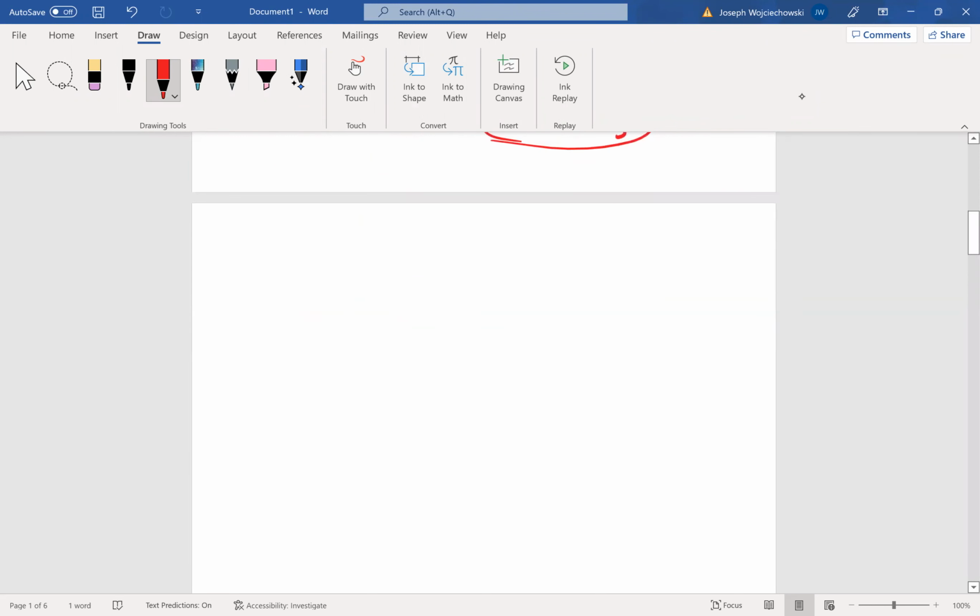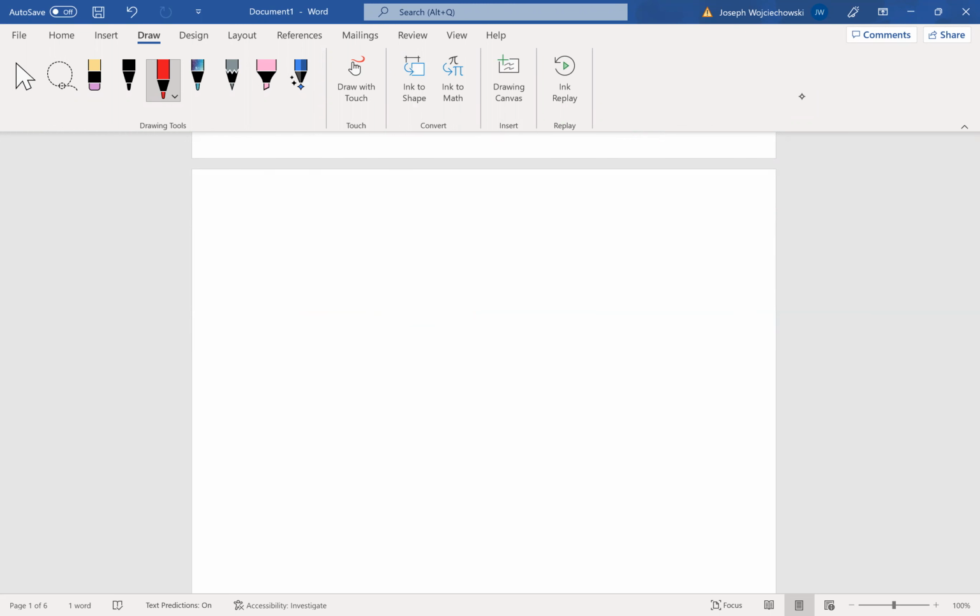Okay, so now let's talk about slopes of parallel and perpendicular lines.